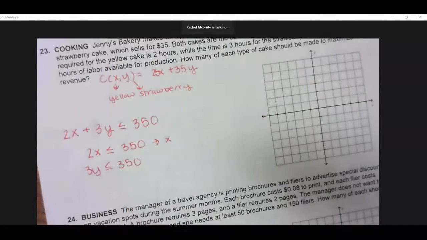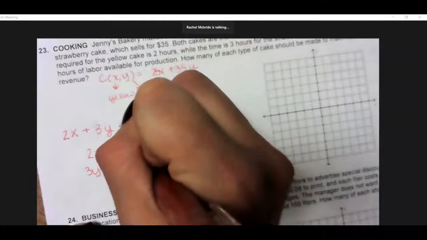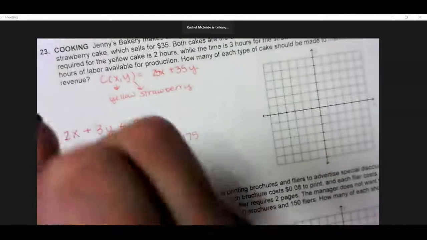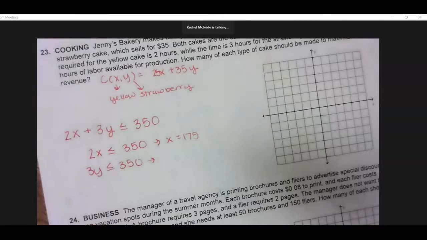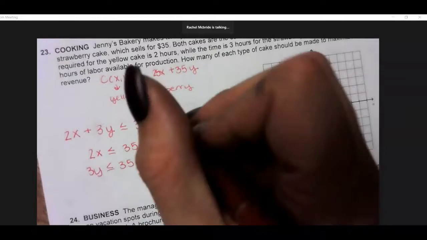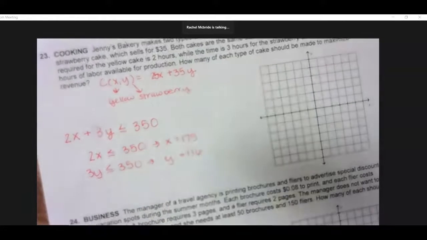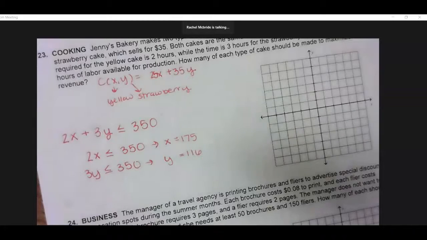So what that means is you could make a total of 175 yellow and no strawberry. Or you could make a total of 116 and no yellow. So we have to plot those points.